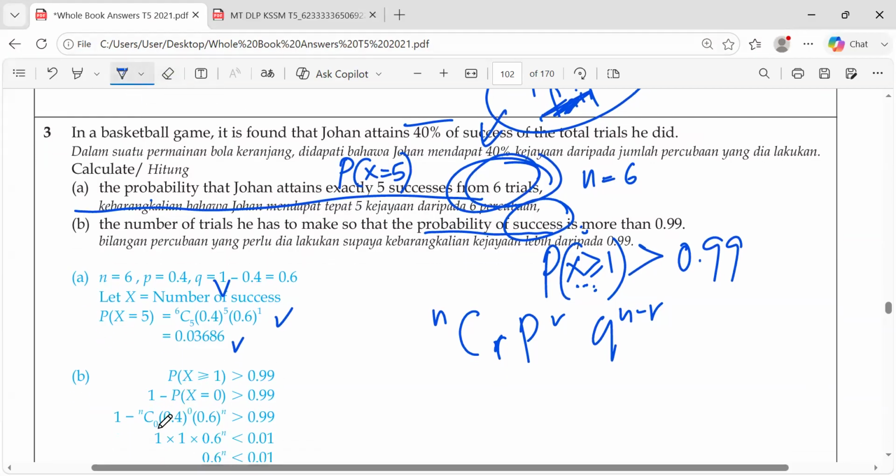So you just substitute the 0 inside. P we substitute, and this one is n. nC0 is 1, and 0.4 to the power of 0 will be 1 also. So 1 minus 0.6 to the n is greater than 0.99.